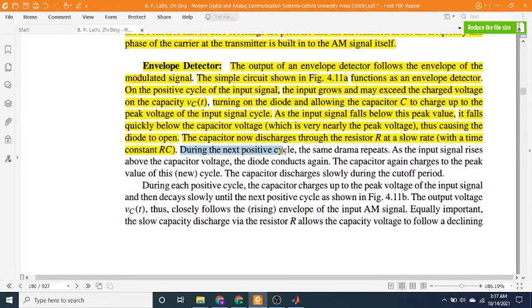During the next positive cycle, the same drama repeats. As the input signal rises above the capacitor voltage, the diode conducts again. The capacitor again charges to the peak value of this new cycle. The capacitor discharges slowly during the cutoff period.